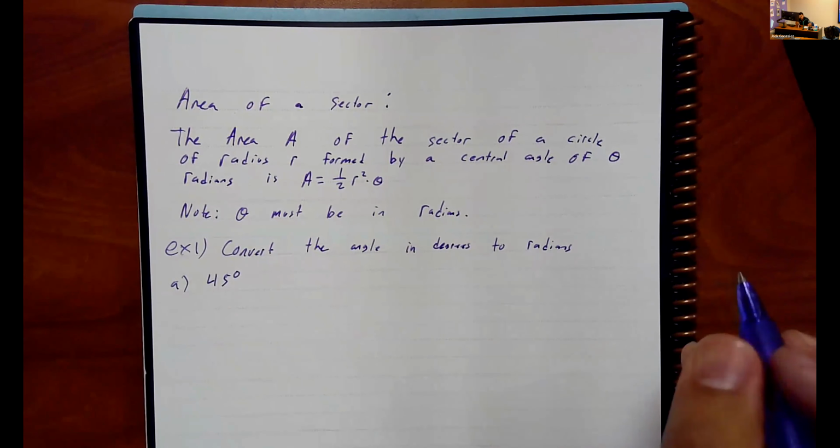So you take pi over 2 and you multiply by 180 degrees over pi. So you get pi times 180 over 2 pi. These cancel, leaving you with 90 degrees.